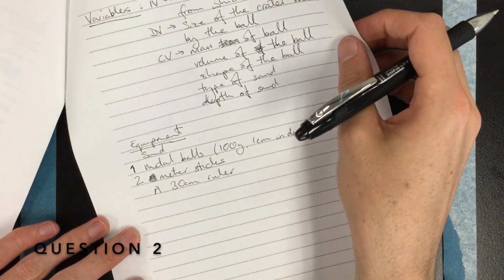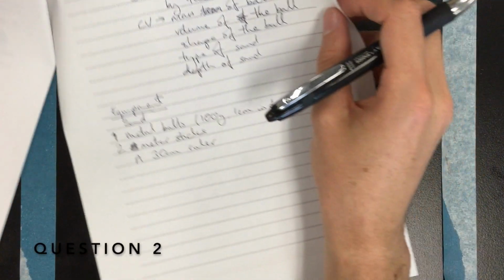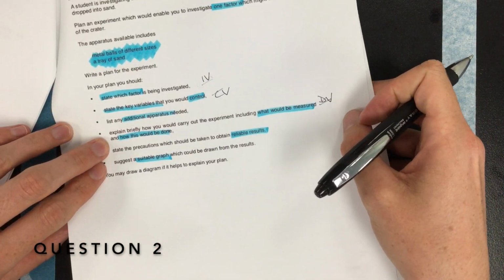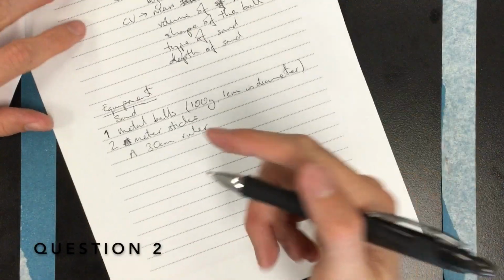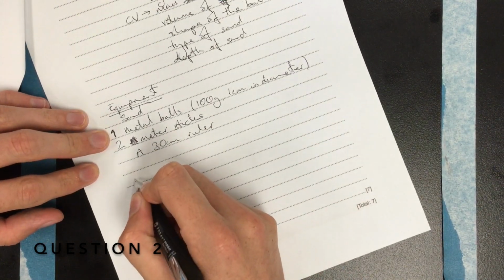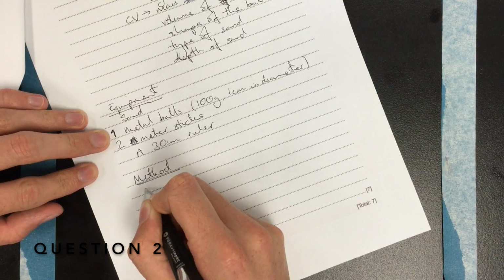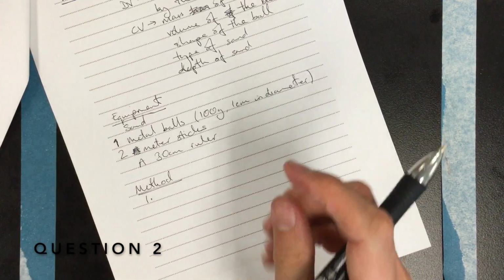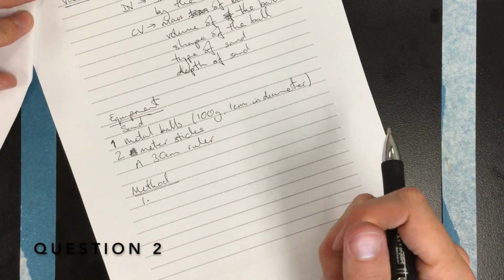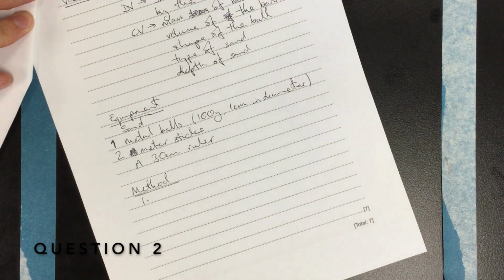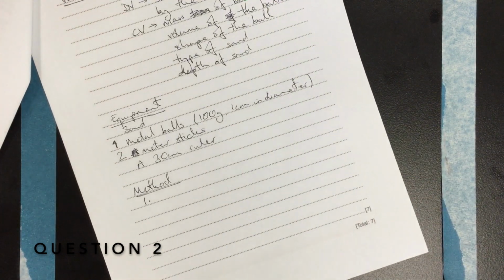I am then going to move on, and next I want to look at the method. So I would say method. Step 1. I want to make sure that I am dropping the ball into some sand. Now remember that getting the equipment is not part of that.